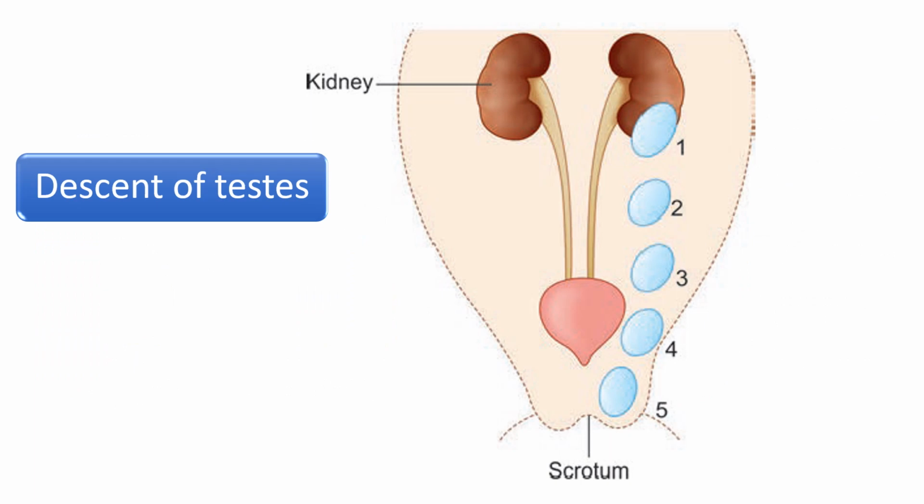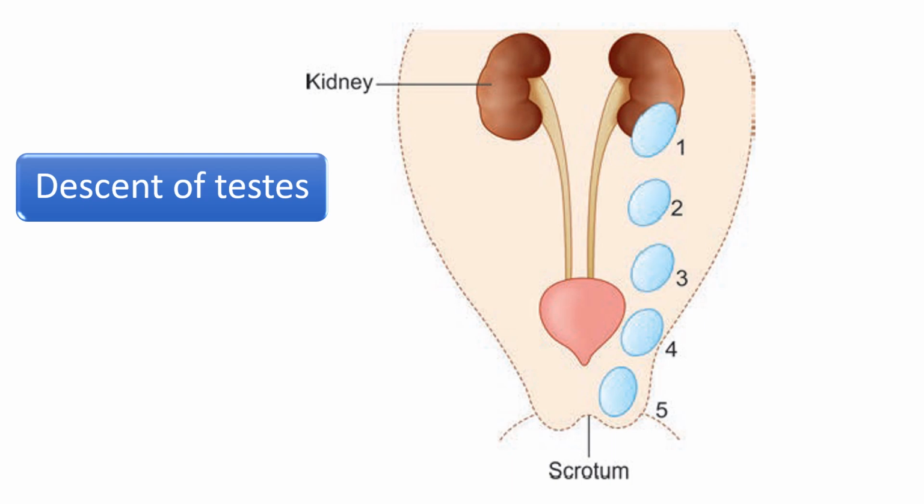The next topic will be the descent of the testis. The descent of the testis is important because the testis originally develops in the lumbar region of the posterior abdominal wall, and during fetal life they gradually descend towards the scrotum.